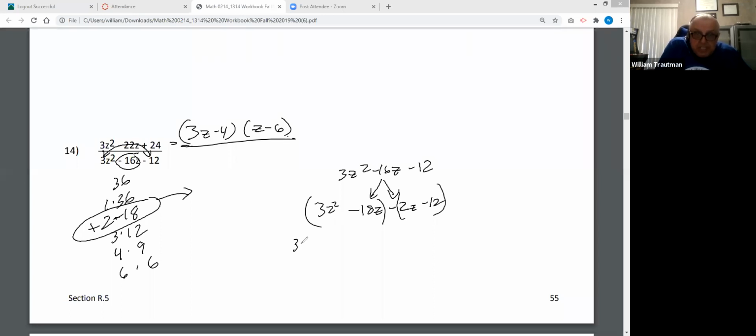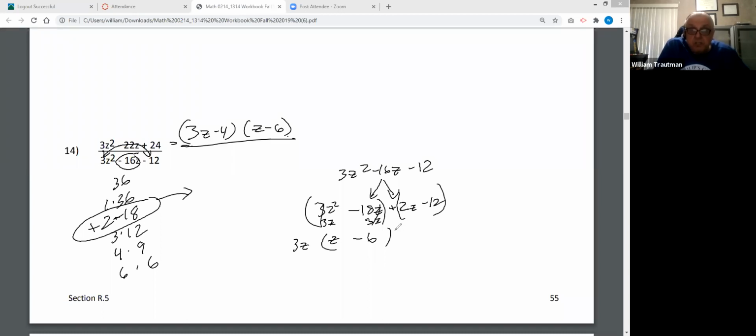GCF is 3z. If I divide both by 3z, I'm left with z minus 6. See, put a 3z here, 3z here, those cancel, I get 6. That cancels, and I just get a z. Wait, this was a plus sign between it, plus 2, yes.